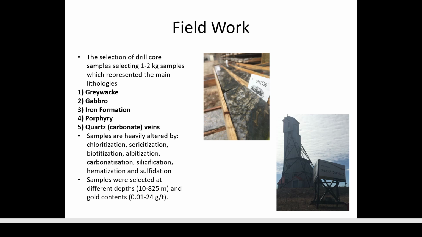The 5 different lithologies studied were greywacke, gabbro, iron formation, which included the BIFs, porphyry, and quartz carbonate veins. Each of the samples were heavily altered by chloritization, sericitization, biotization, albitization, carbonatization, silicification, hematization, and sulfidation. Samples were collected at different depths and different amounts of gold content.